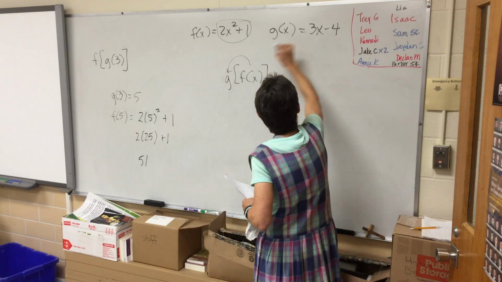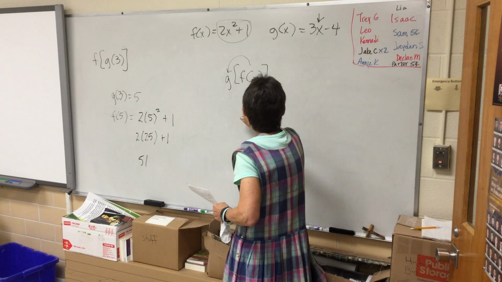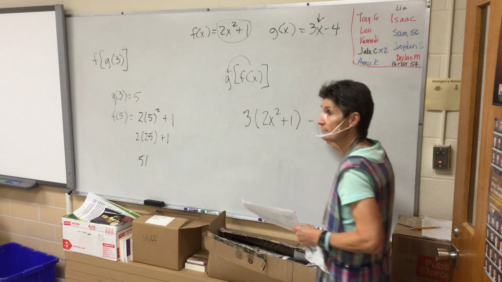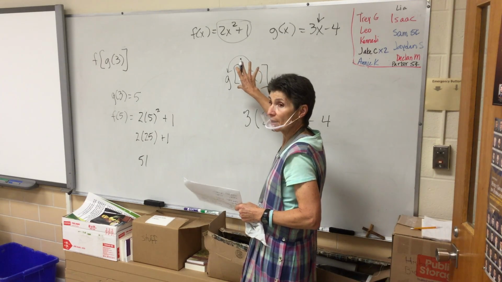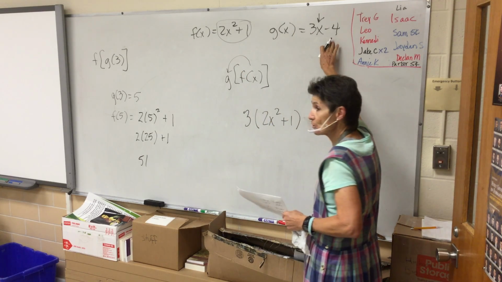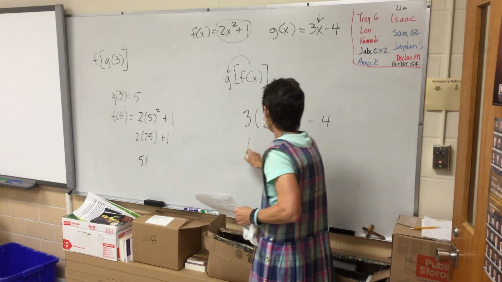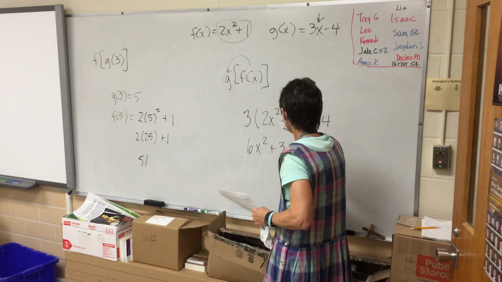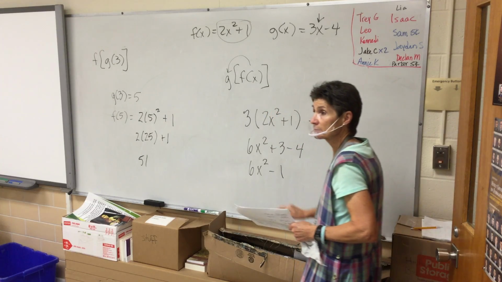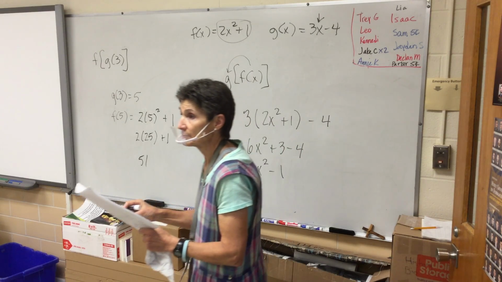So we'll have 3 times 2x squared plus 1, minus 4. Take whatever f is, I've got it in a circle right here, plug that into g, and simplify. Did you get 6x squared minus 1? Perfect. That is the entire test. That's the whole thing.